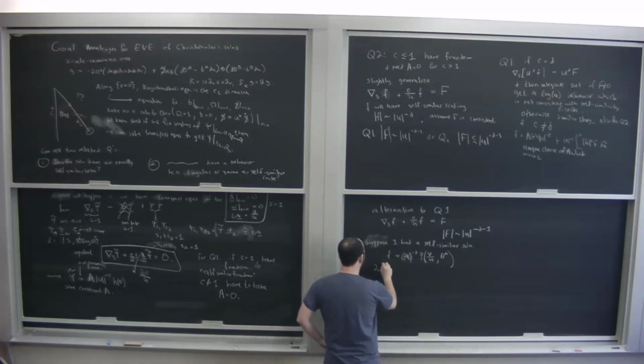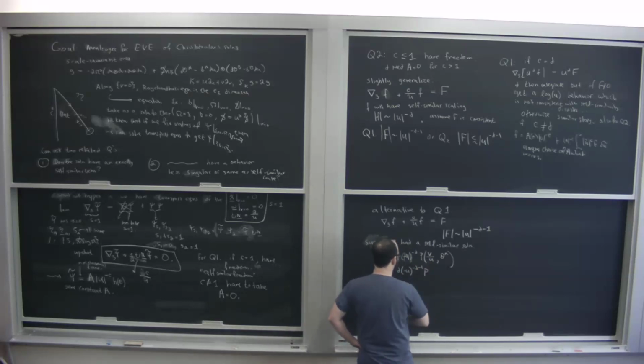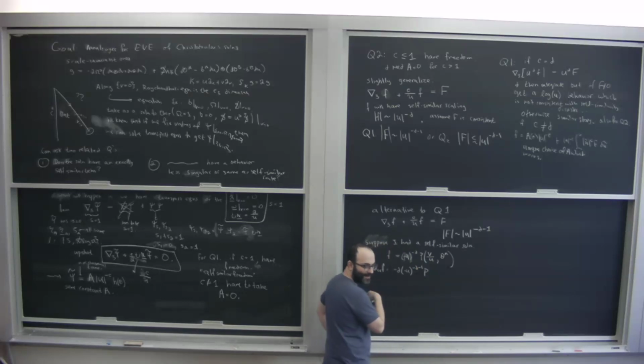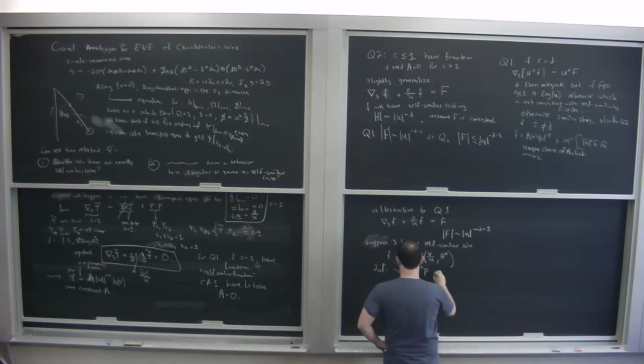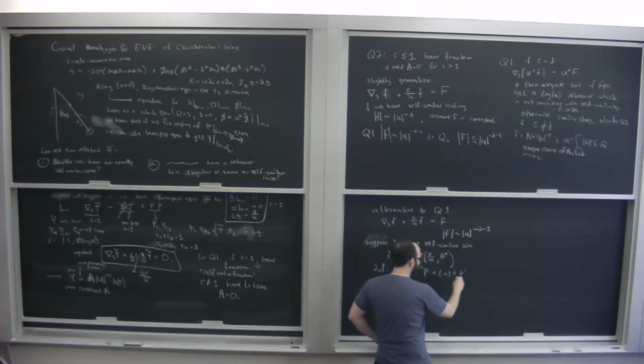All right, so let's look at what happens here. If I take du of f, I'm going to get minus d, times u to the minus d minus 1, times p, that's if the derivative hits that. And then plus, when the derivative hits this, I get minus u to the minus d times p prime, where the prime denotes this derivative here.